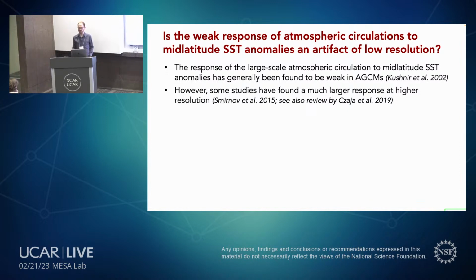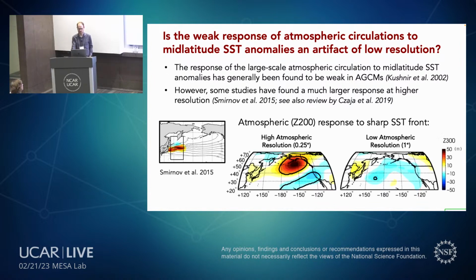If you go to higher resolution, you might get a larger response of atmospheric circulation to mid-latitude SST anomalies. So then this multidecadal variability of SSTs gives you more multidecadal variability of the atmosphere. And here's a paper lending some support to this, looking at SST anomalies in the Kuroshio extension region and the response at two different resolutions. At quarter degree, you get this response in the upper troposphere; at 1 degree, you don't.